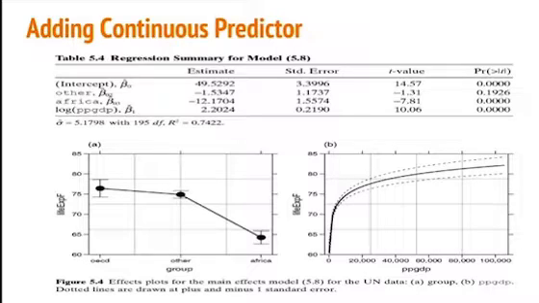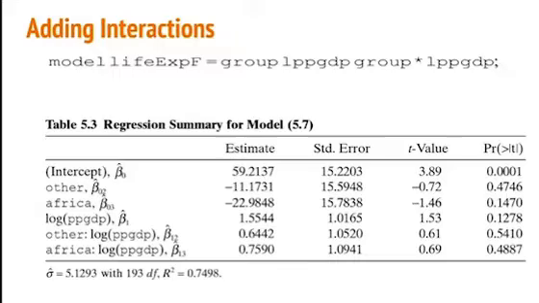I'm only looking at the main effect of group and the main effect of the PPGDP on the log scale. No interaction effect. The R square for this was 0.7422, and the residual standard error is 5.1798.